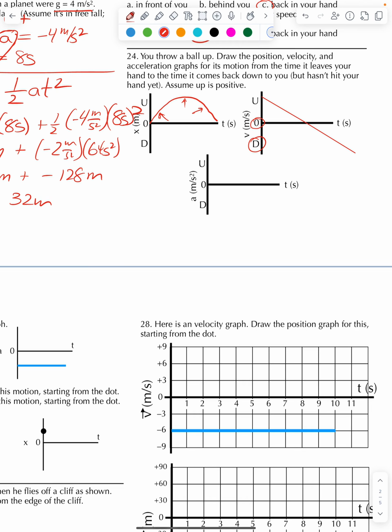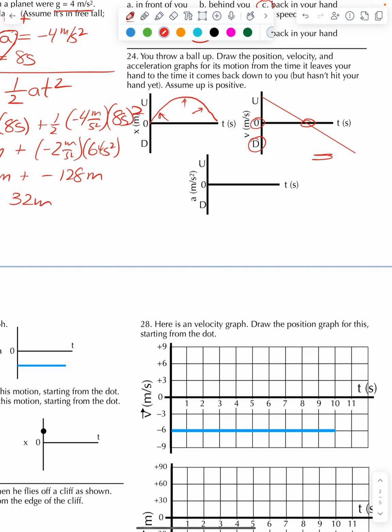It's moving up, slowing down, and turns around. Remember, on a velocity graph, when it crosses the x-axis, it's turning around, and then heads down and picks up speed. Now, again, assuming that we have a constant acceleration, remember the slope of a velocity graph is the acceleration, and the slope there is constant. So what is the acceleration?